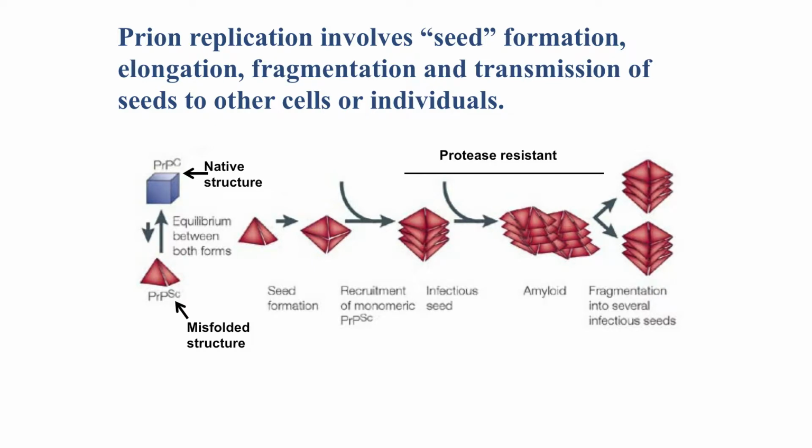We have the native structure. The native structure misfolds, and I've made it look like a pyramid. The consequence of this misfolding is that it can now stick to itself in an infinite fashion. It can grow and grow and grow by accretion of more of these misfolded proteins, and this could go on and on and on. It turns out that it reaches a certain stage where it becomes infectious, and this infectious form can replicate.